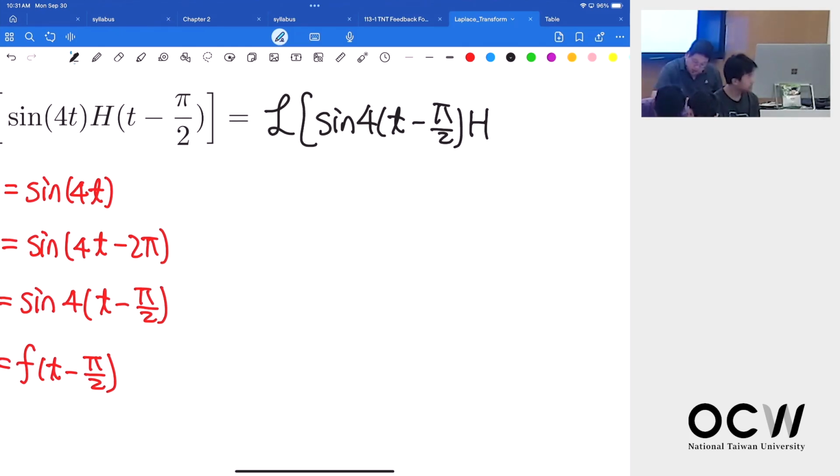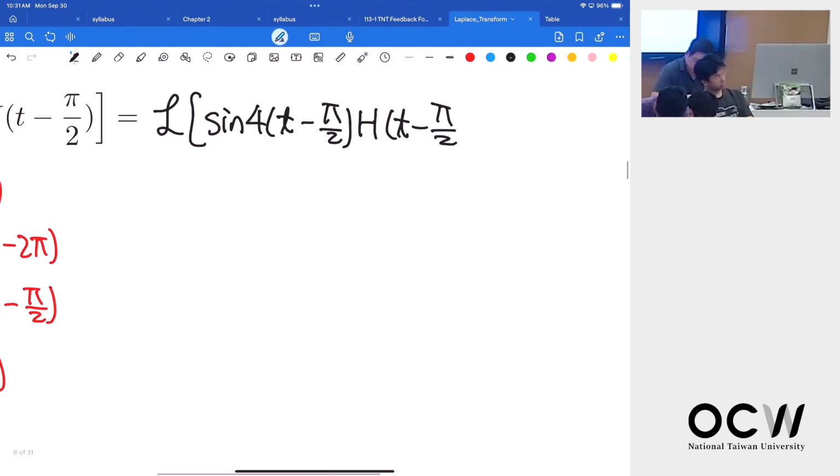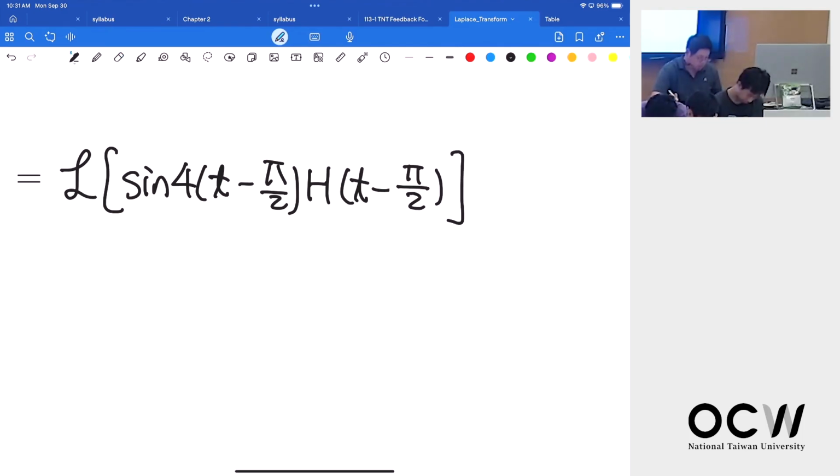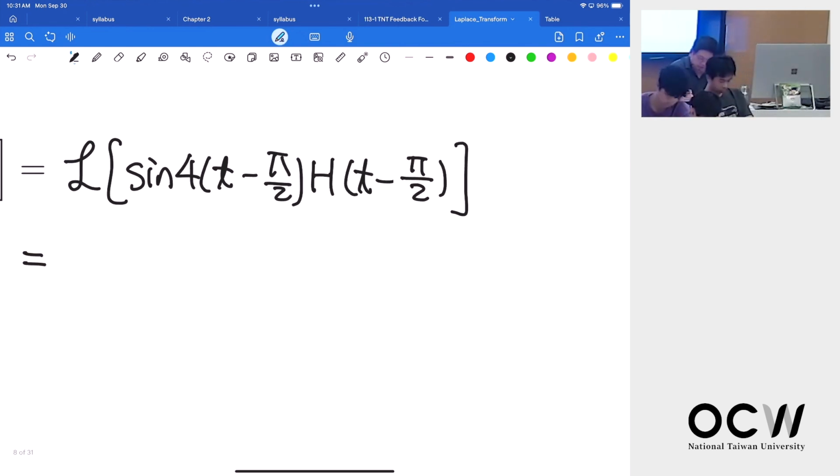And the shifted Heaviside function, so I have this shifted unit by pi over 2. So I have e to the minus pi over 2s, Laplace transform of your sine 4t.